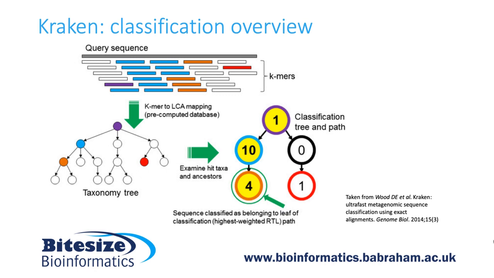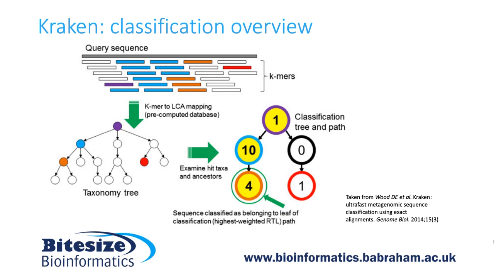There is also a scoring system here, which refers to the number of k-mers which were assigned to each node. So if you see figure 1, number 1, that means that 1 k-mer was assigned to the node which was shaded in purple, 10 for light blue, 4 for orange, and so on. Kraken will then try and work out, working back through the pruned subtree, the node which will give the highest score, which in this case is the orange node.